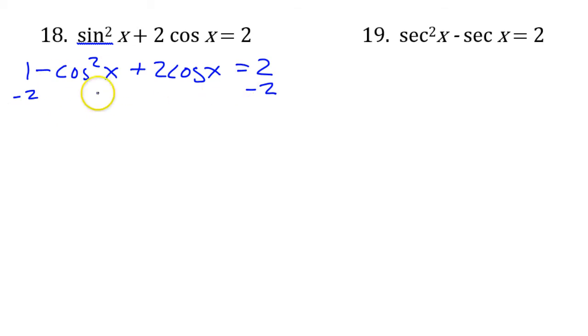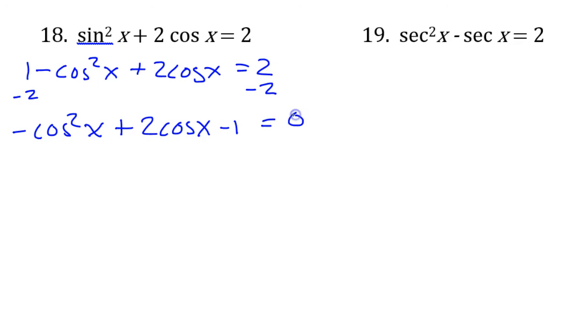Now I'm going to rewrite this in descending exponential order. So I'm going to put my negative cosine squared first, and then followed by plus 2 cosine x. And now 1 minus 2, of course, is negative 1, but I'm going to put that at the end. And that equals 0. Now I would like to factor this, but I'm more comfortable factoring if I have a positive leading coefficient. So I'm just going to divide everything by negative 1.